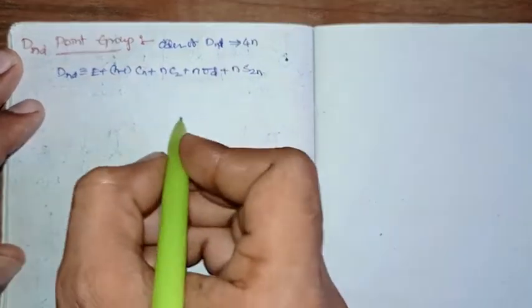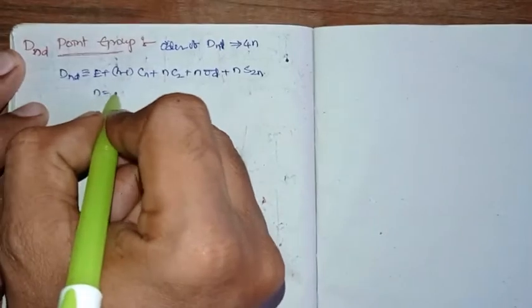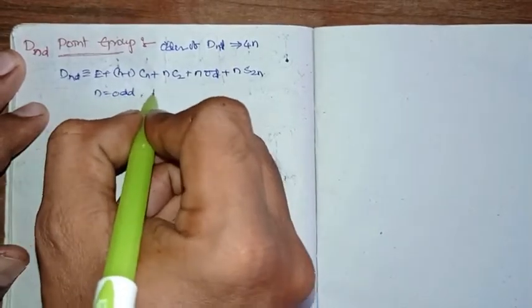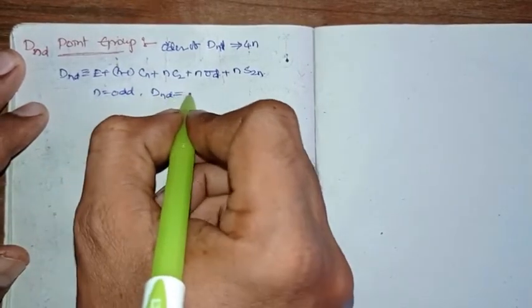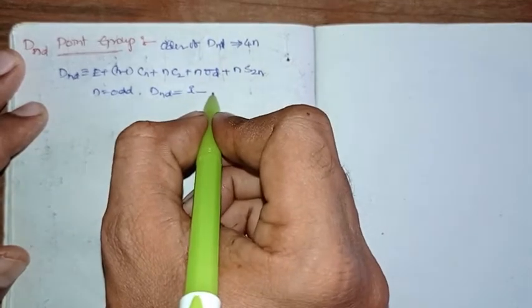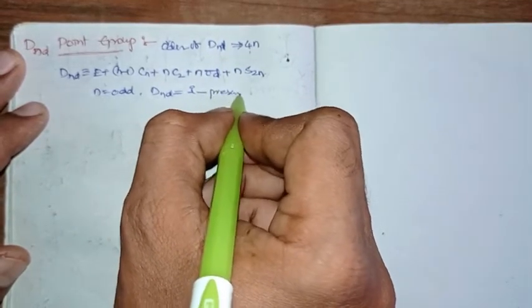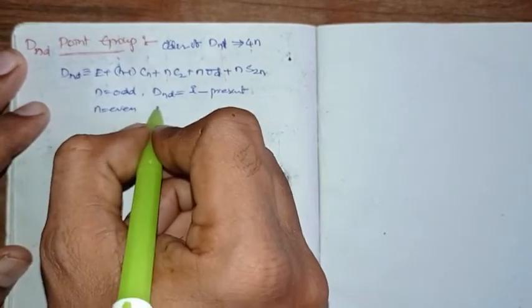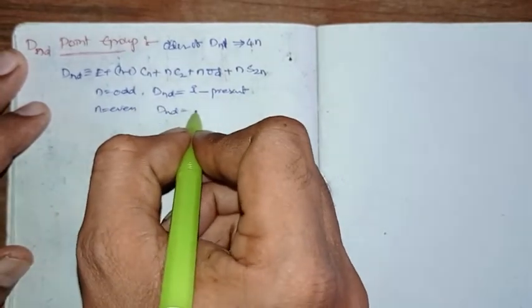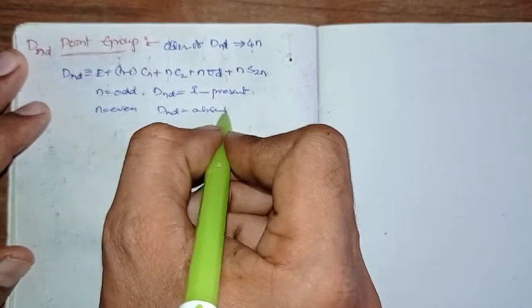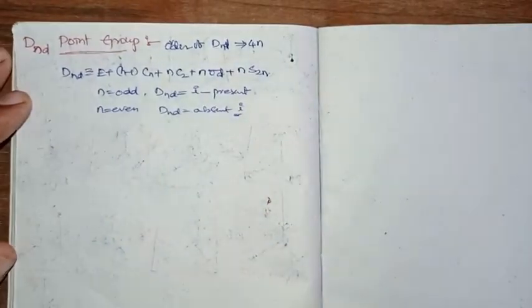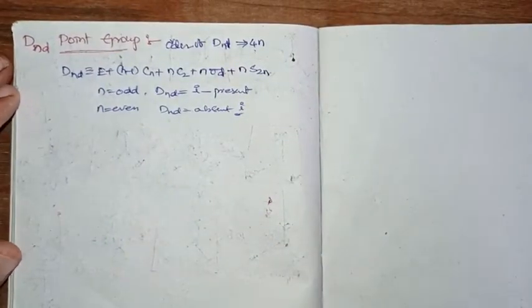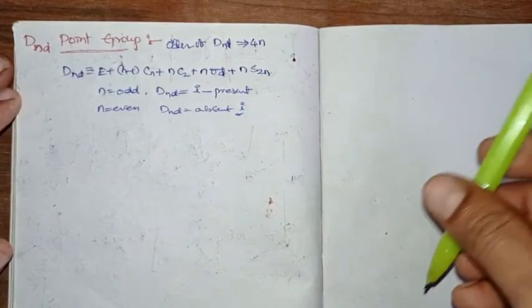Here, when n is odd, the D_nd point group will contain an inversion center. When n is even, the D_nd point group will have an absence of inversion center. That's how the D_nd point group is.